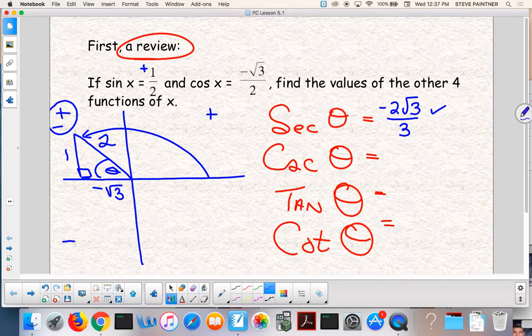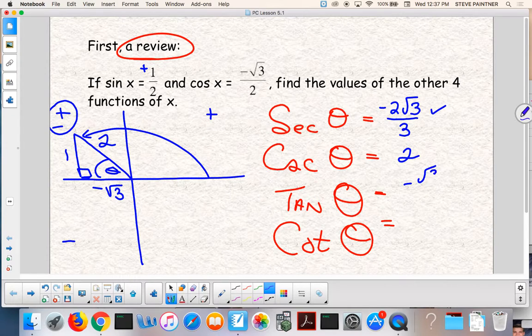Okay, next, cosecant is what, Will? 2 over 1, okay. Cosecant is a reciprocal of sine, so that should be pretty easy without even looking at the triangle. Tangent is what? Kyle? Negative square root of 3 over 3.